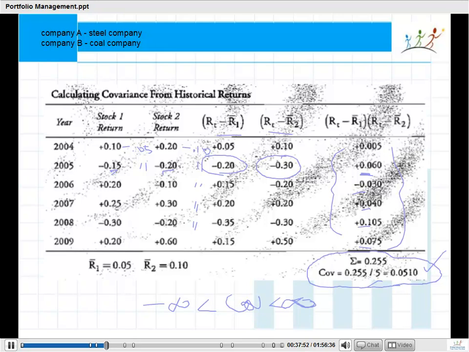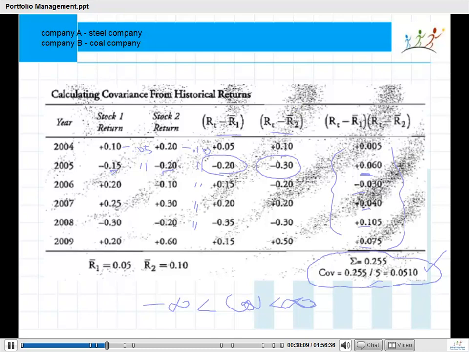So to make an absolute statement from the covariance number is very difficult. I can say it's a positive relationship, but is it a strong positive relationship? I cannot say with the help of covariance.